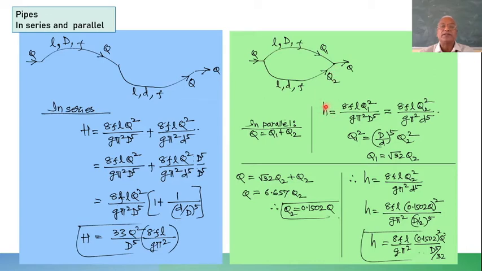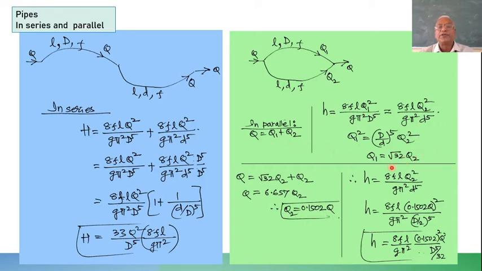That's why I can write h equal to 8 f L Q1 squared divided by g pi squared D raised to 5, which should be equal to 8 f L Q2 squared divided by g pi squared d raised to 5. Now if you cancel common terms, what you will get is Q1 squared is equal to D by d raised to 5 times Q2 squared. Now this D by d raised to 5 is 32, and taking root on both sides, Q1 is equal to root 32 into Q2.